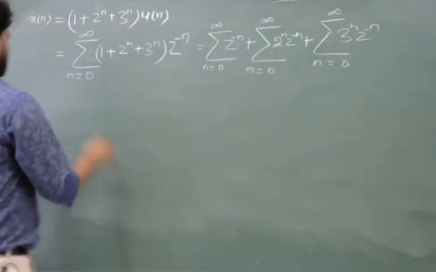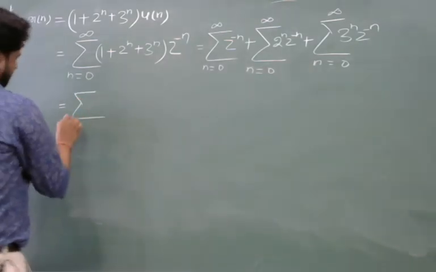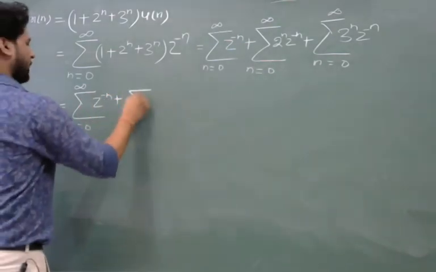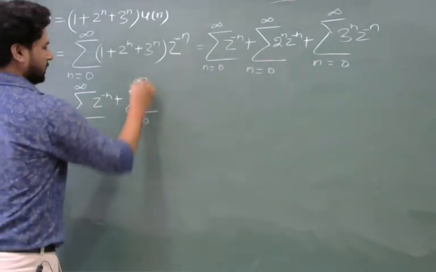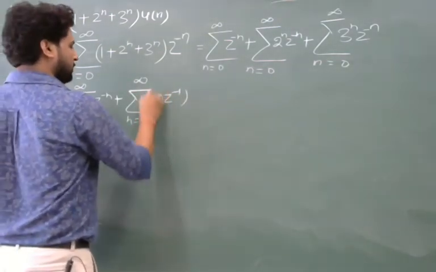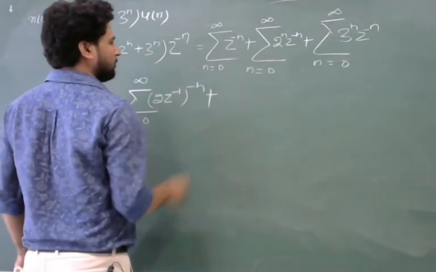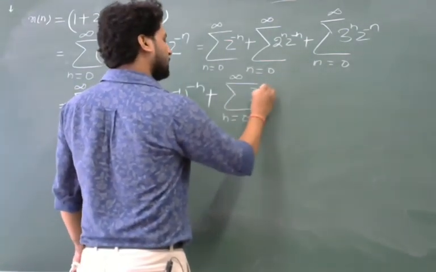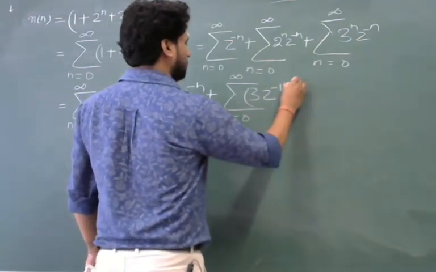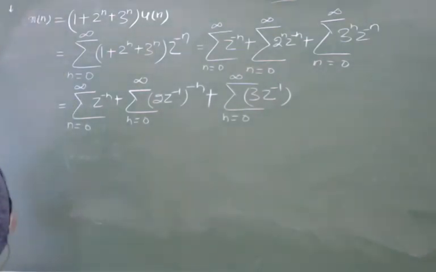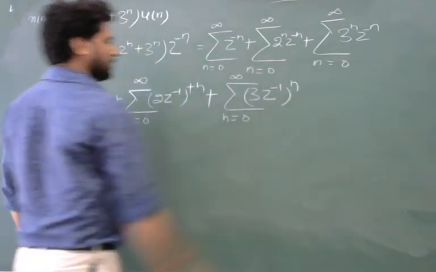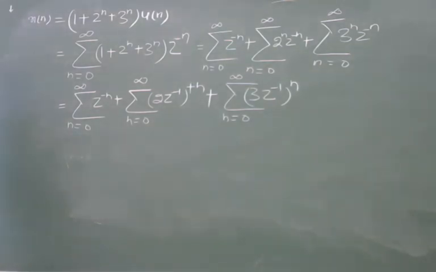Further, this can be written with 2 z inverse power n and 3 z inverse power n. So I will put all the values of n from 0 to infinity.